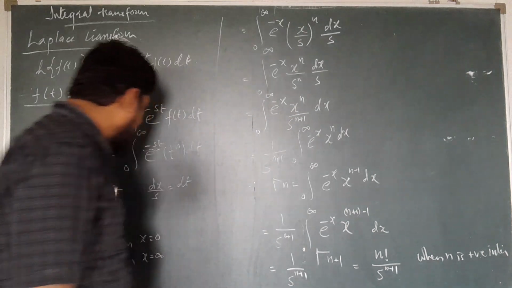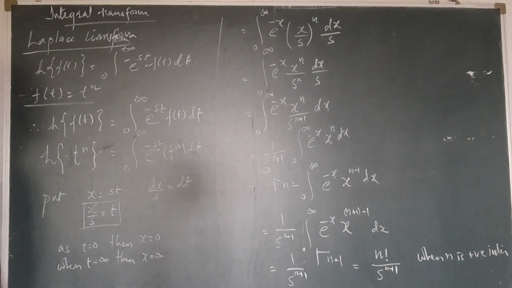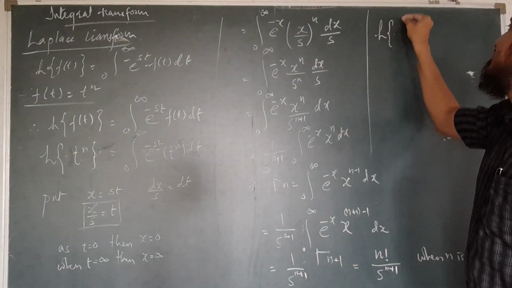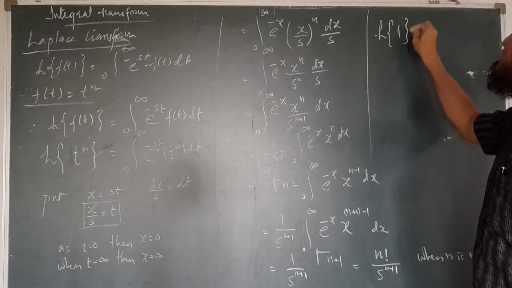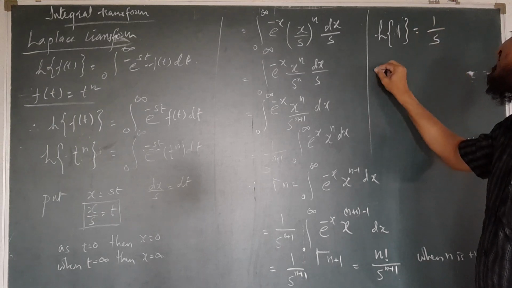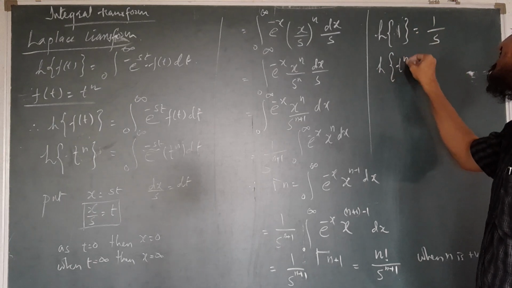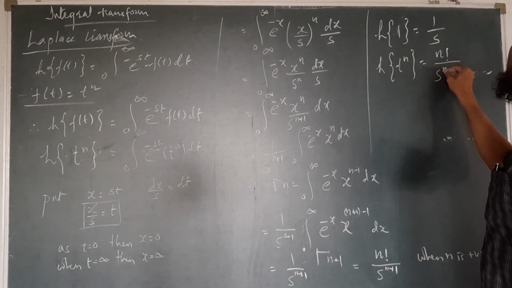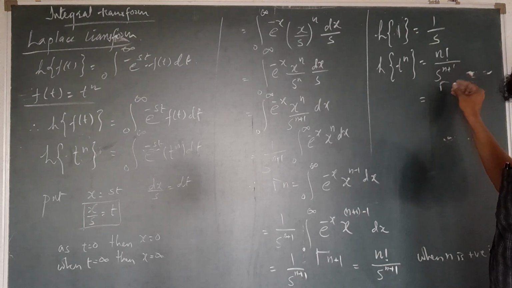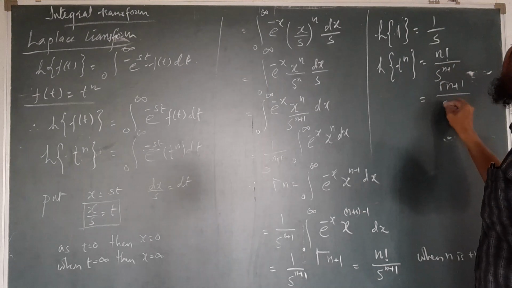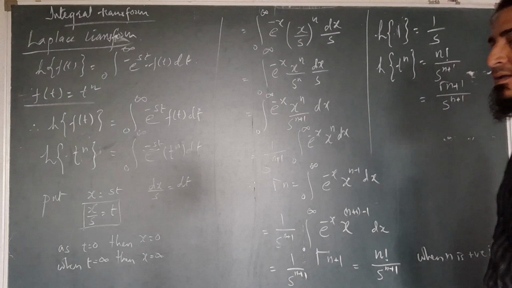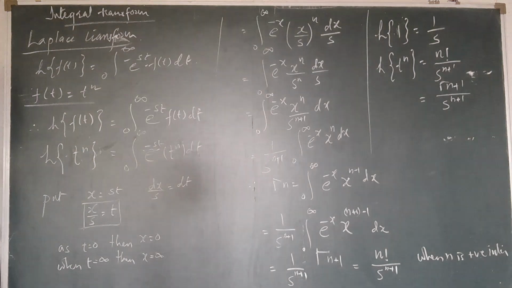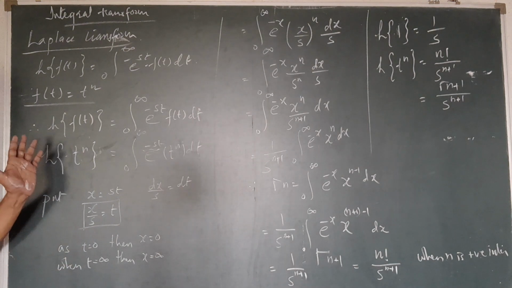So whenever we want the Laplace transform of 1, we will get 1 upon s, and whenever we want to find the Laplace transform of t raised to n, we will get n factorial upon s raised to n plus 1, or gamma of n plus 1 upon s raised to n plus 1. These are the two main basic transformations, of 1 and t raised to n.